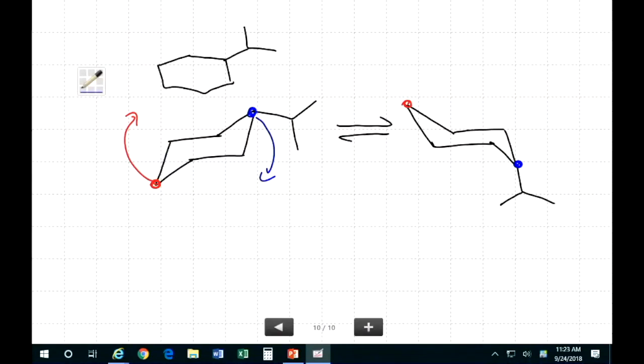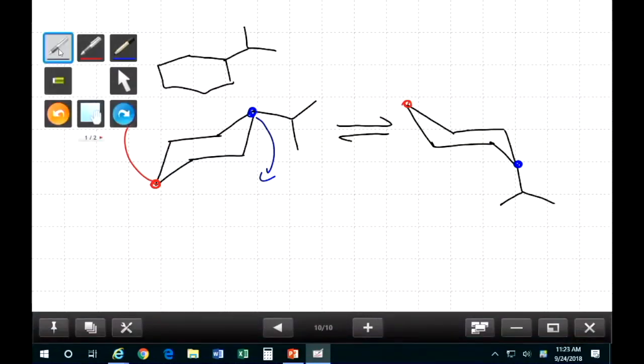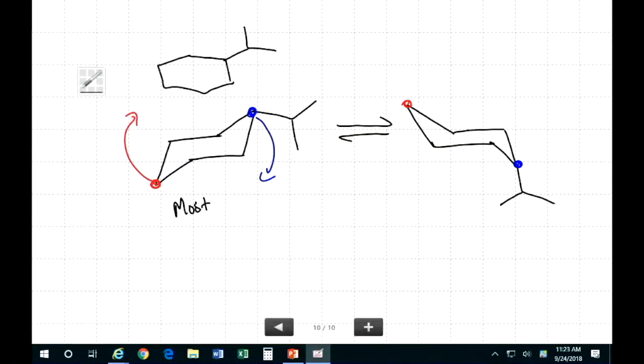Right? So now which one of these two is most stable? The most stable one is going to be the one that has your group equatorial. So this is most stable. And then this is our least stable conformation by process of elimination. So now draw the destabilizing interactions.